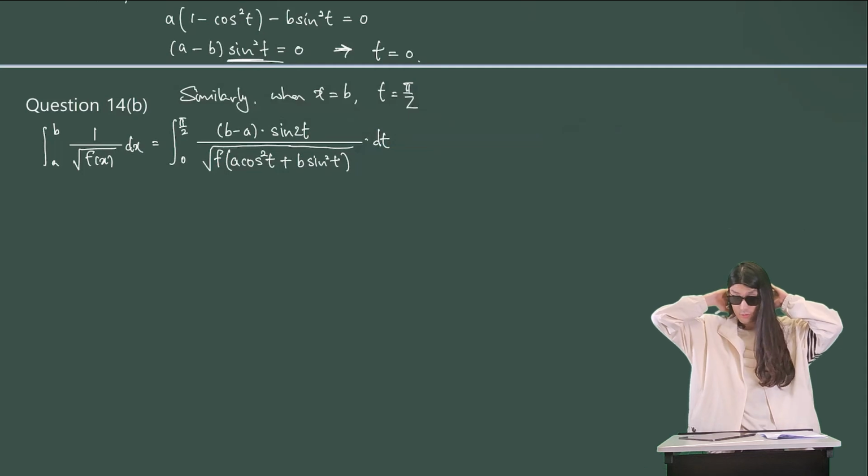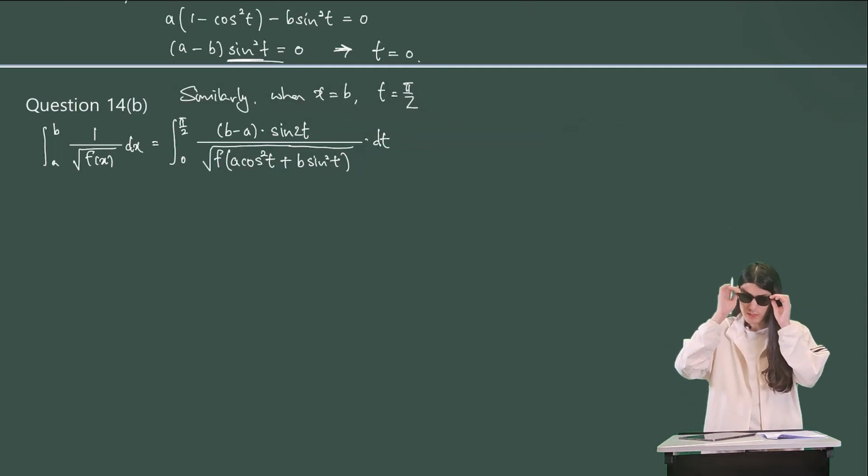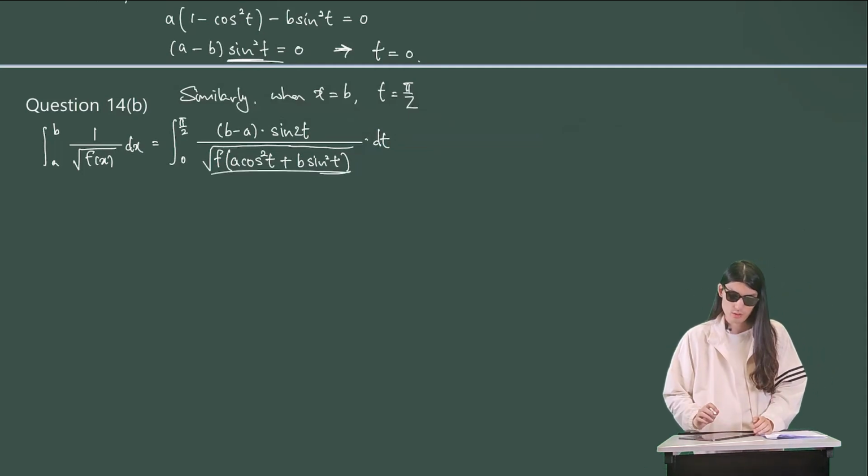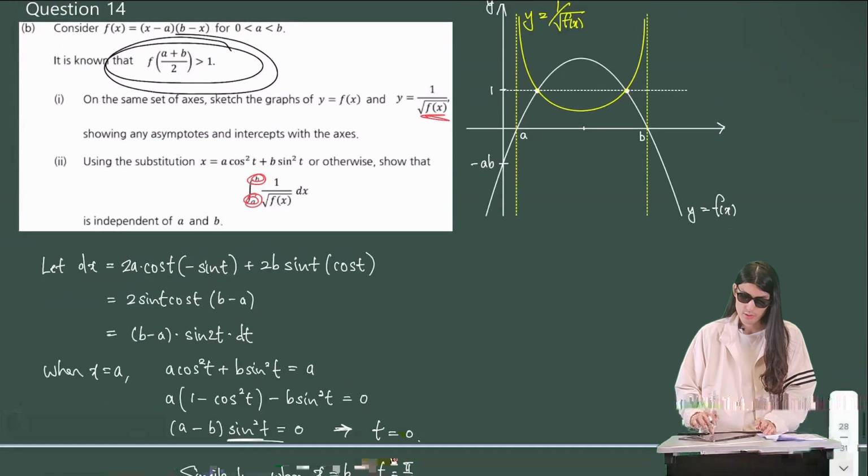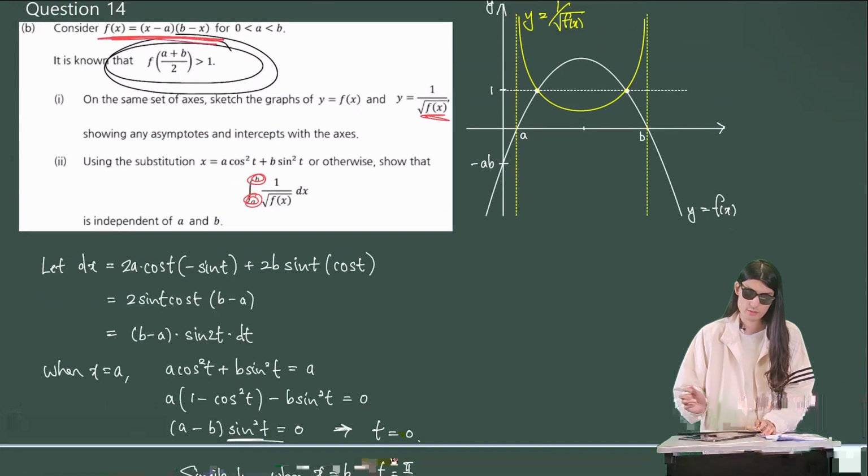So then what is the square root of f of a cosine squared t plus b sine squared t? What is this thing? Well, from the question, we know the equation of f of x. We know the equation of f of x.